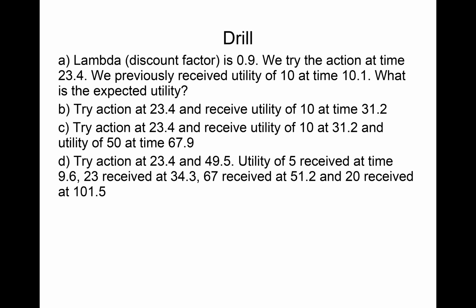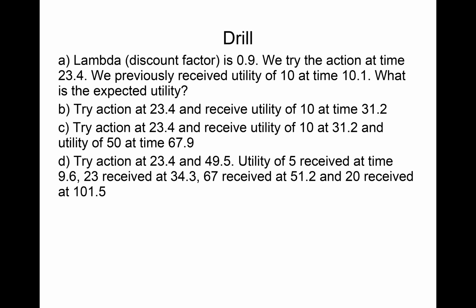Geez, I changed it a little bit. All right, that's fine. Let's go. I'll just write fast. 23 times 0.9 raised to the 34.3, which is when we got the reward, minus when we took the action. Again, we're just concerned with the first action trial.